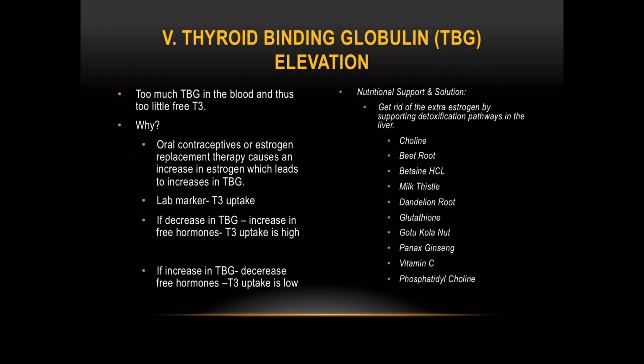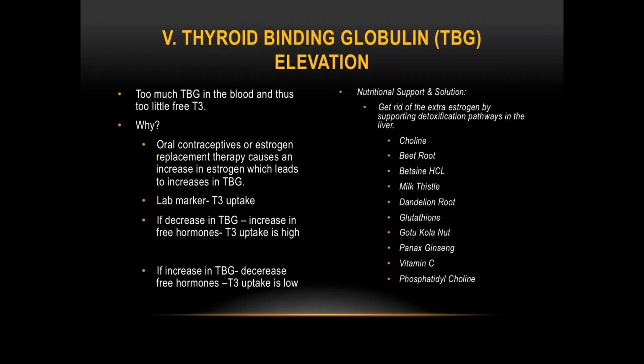The fifth pattern is thyroid binding globulin elevation. Here the T3 uptake is low and the free thyroxine index is low and/or normal. There's too much TBG in the blood and there's too little free T3. This pattern is often found with oral contraceptives or estrogen replacement therapy.